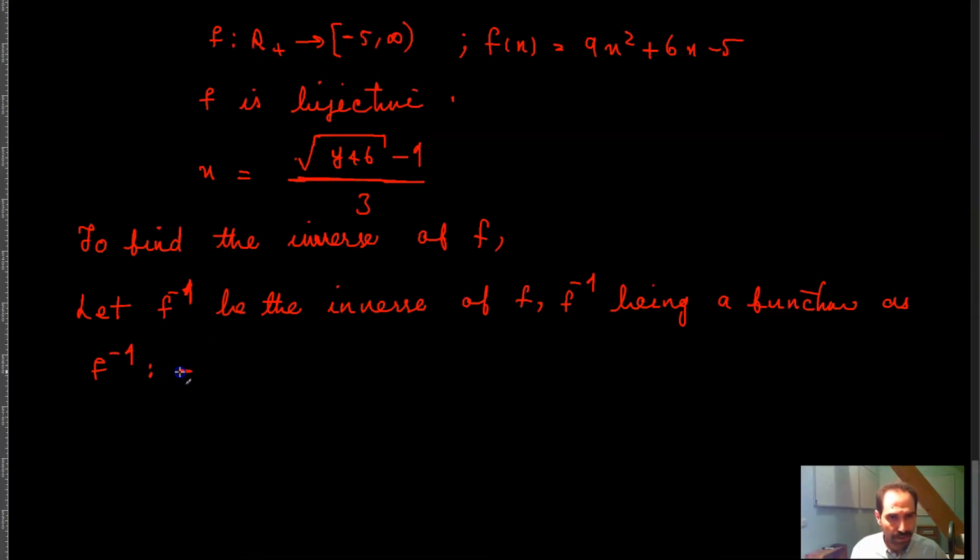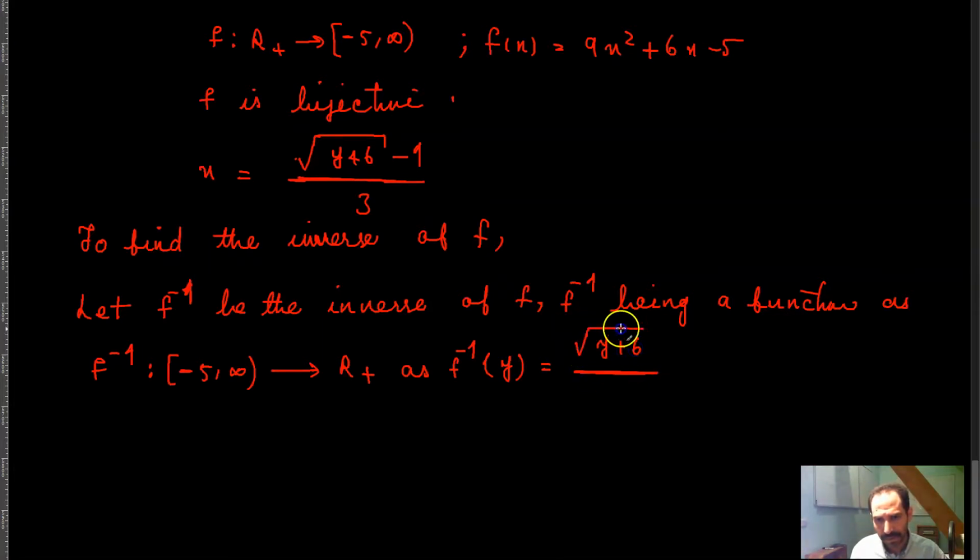So you can say that from -5 to infinity all the way to R plus, and I can define f inverse of y as the square root of y plus 6 minus 1 over 3, because this function, as you saw, lets us get back to every element in the domain.